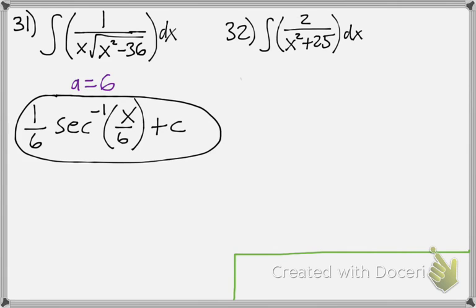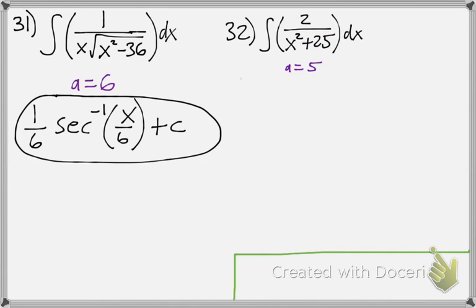For 32, we have x squared plus 25 on the bottom with a 2 on the top. This one most closely resembles the tangent inverse. So in this case, a is equal to 5 because 5 squared gets you that 25.